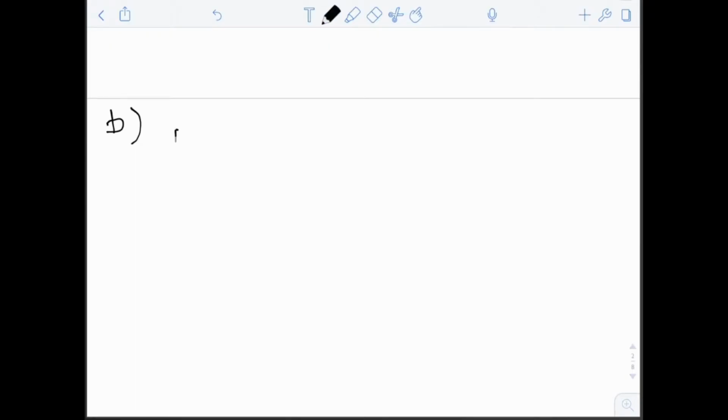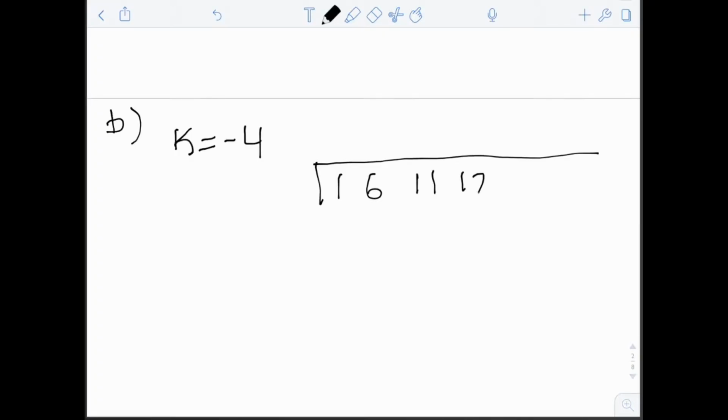So first of all, we know that our k is going to be equal to a negative 4. And again, we did not need any placeholders for this one. So we'll have a 1, a 6, an 11, a 12, a 5, and then finally a negative 20.